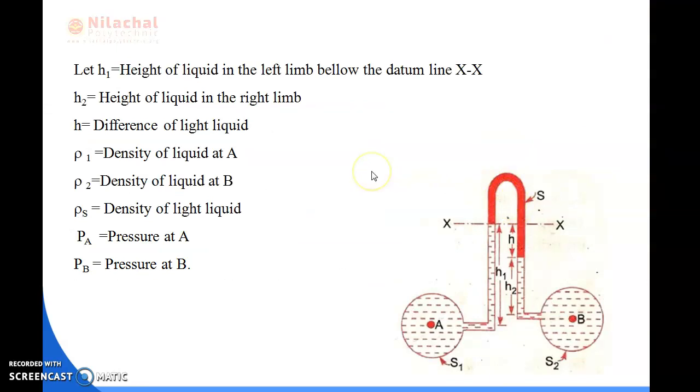Let us know the different parameters. H1 is the height of the liquid in the left limb below the bottom line. H2 is the height of the liquid in the right limb, and H is the difference of the light liquid.